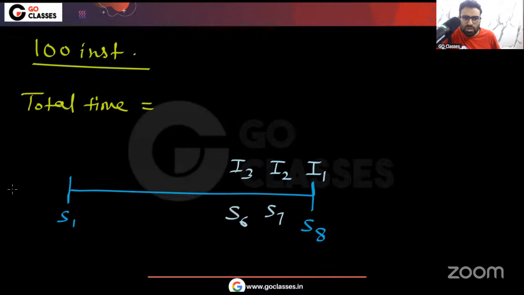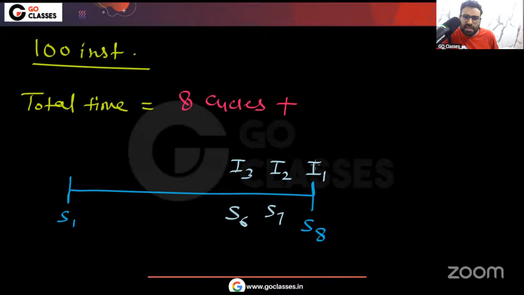So when the first instruction completes, in the next clock cycle the second instruction will complete, in the next clock cycle the third instruction will complete, like that. Once the first instruction completes, after that in every clock cycle one instruction will complete. The first instruction takes a total of 8 cycles, and every individual instruction takes 8 cycles.